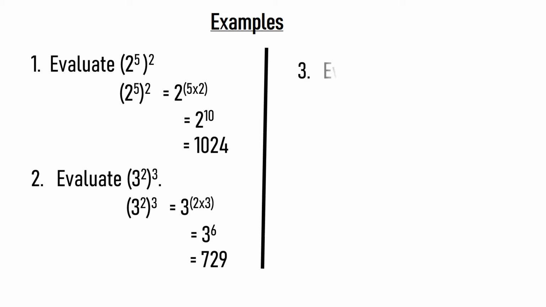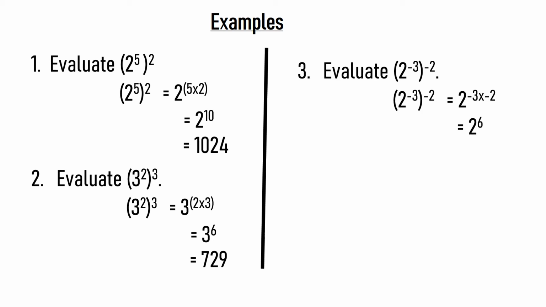Example 3, evaluate 2 power negative 3, everything raised to power negative 2. So this is the same as 2 raised to negative 3 times negative 2. Negative 3 times negative 2 is positive 6.